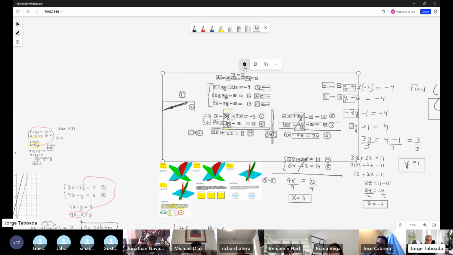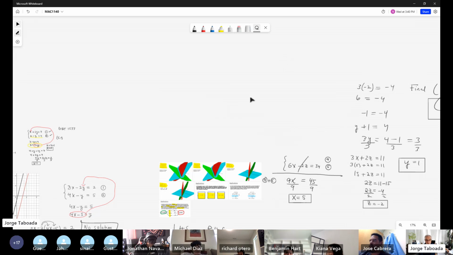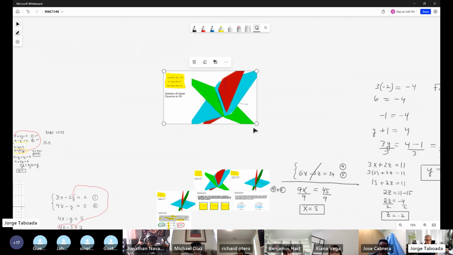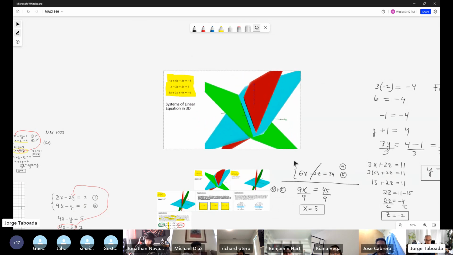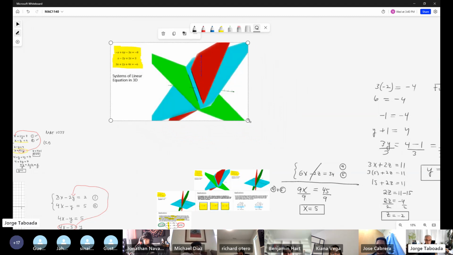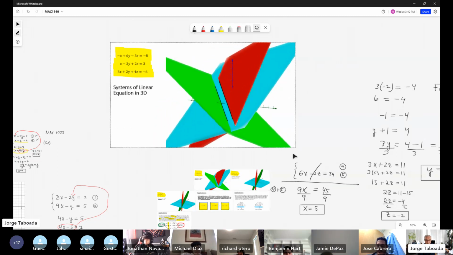Suppose this example. Okay, I anticipate something. Okay, this is the example. I suppose it's example 6 for today, and this is the second example in 3D.